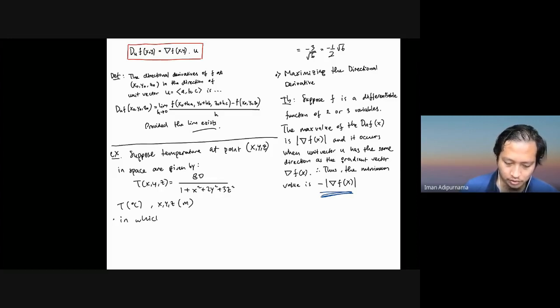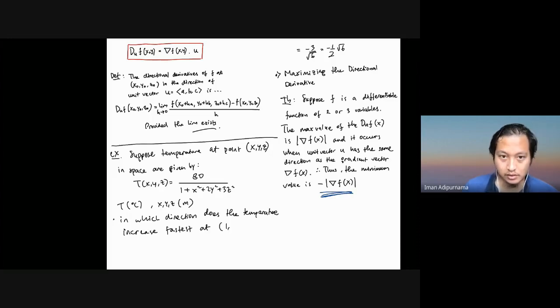In which direction does the temperature increase fastest at the point (1, 1, -2)?